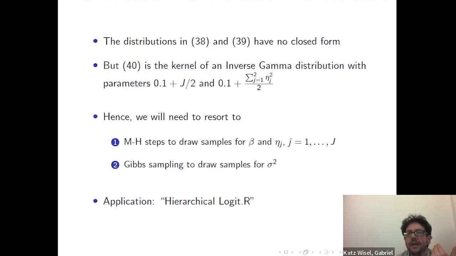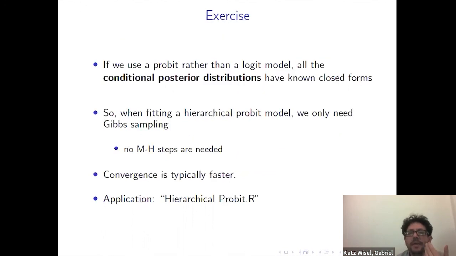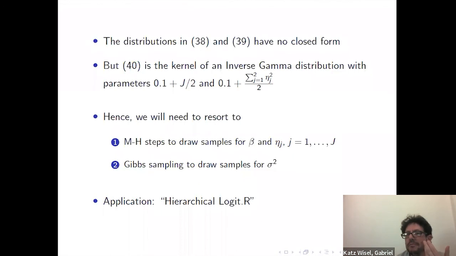But the point is that our Bayesian estimation approach in this setting would combine Metropolis Hastings steps to obtain values for beta and for the country-specific random effects, and a Gibbs sampler to draw samples for sigma square. And again, in many interesting problems, you will have to combine both Gibbs sampling and Metropolis Hastings steps.